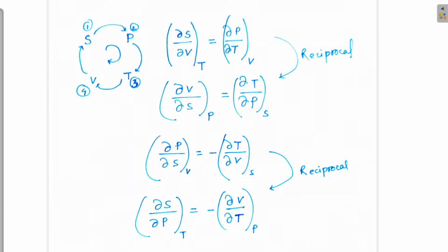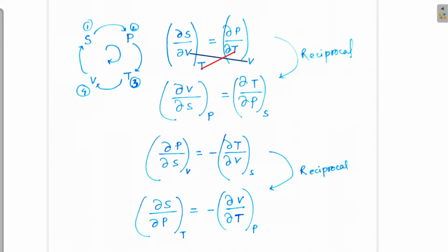The next step is to take the constant terms of these partial derivatives: the denominator of the left hand side as a constant to the right hand side, and the denominator of the right hand side as a constant to the left hand side. So this is one of the Maxwell thermodynamic relations.